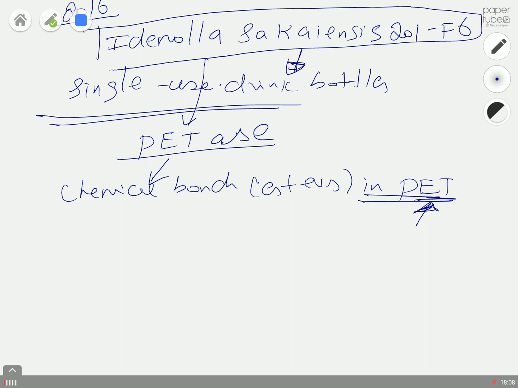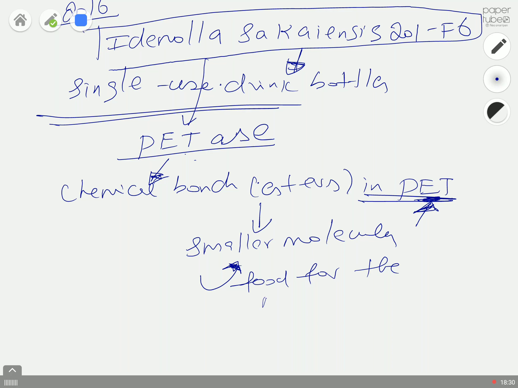This enzyme breaks the chemical bonds in polyethylene terephthalate into smaller molecules, and these smaller molecules act like food for the microorganism. They can eat these smaller molecules and digest them.